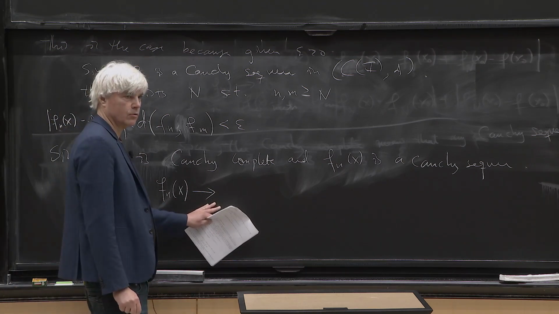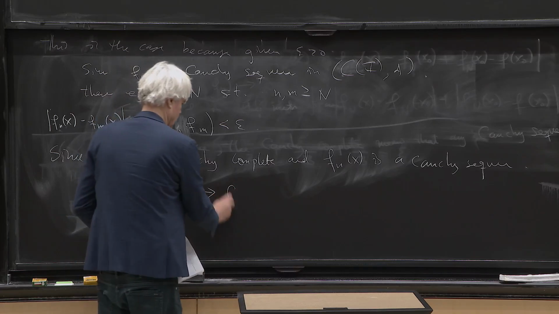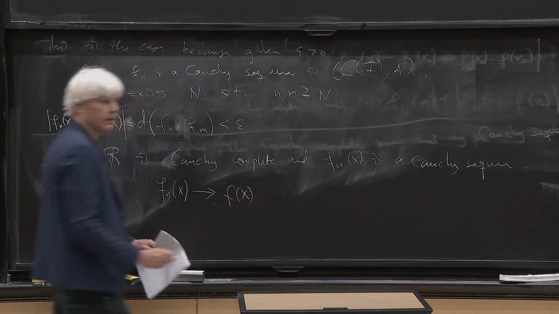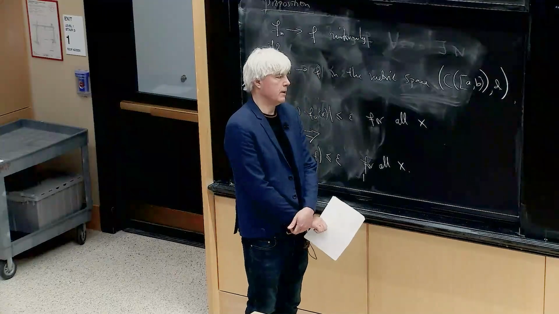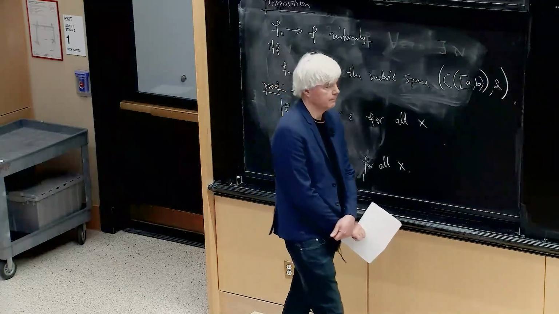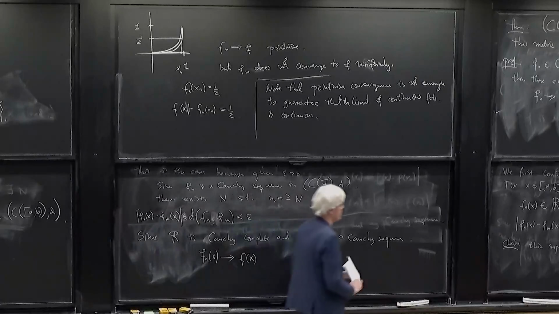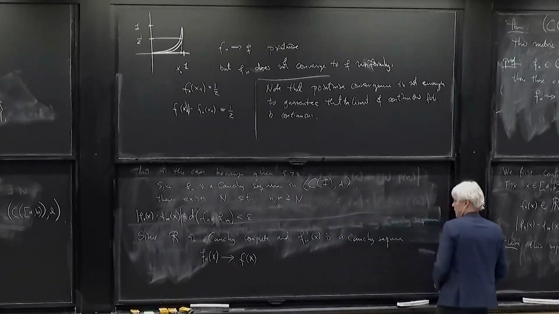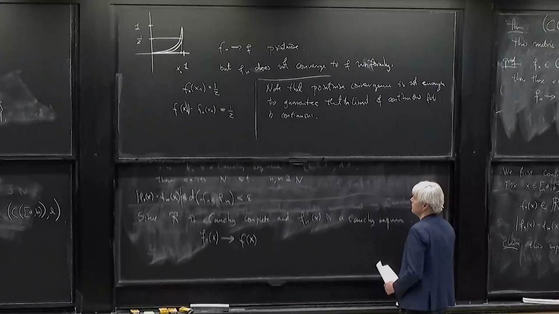Just one number, and that number we can call f of x. So we just defined f to be the limit of the sequence, and that's well defined because there's just one number. So for each x, it gives you a number.